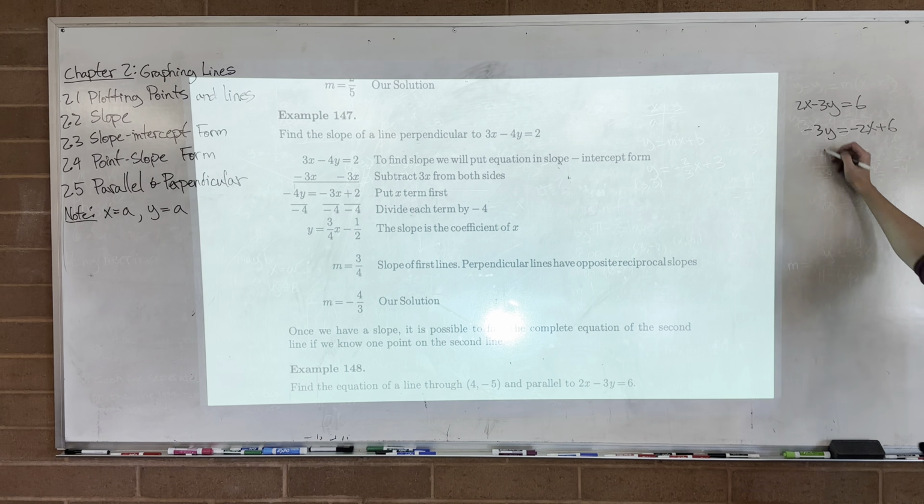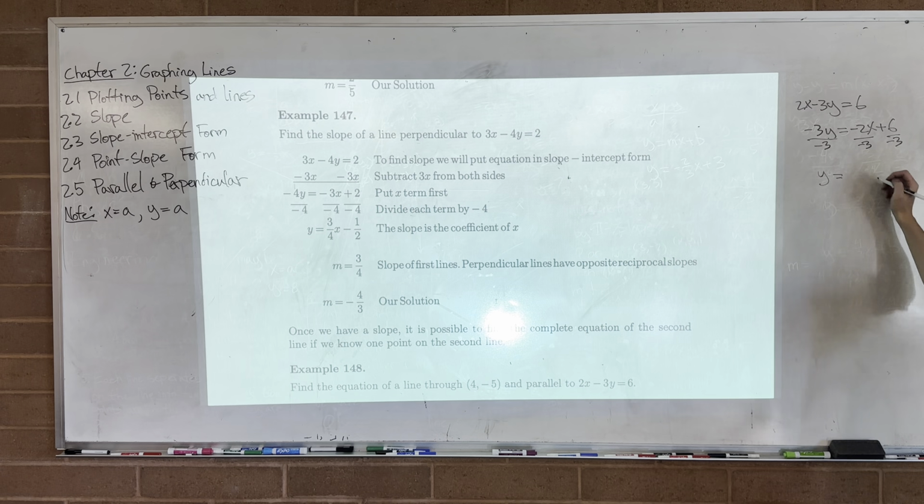Divide everything by negative 3. Negative 3 divided by negative 3 is 1. Y. Wonderful. Equals negative 2 over negative 3, which is positive 2/3 x. 6 over negative 3 is negative, since a positive over a negative is negative, and 6 over 3 is 2.